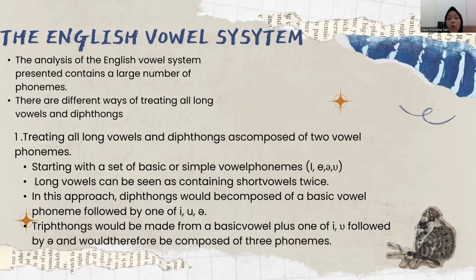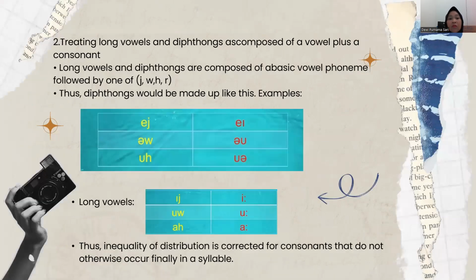Triphthongs would be made from a basic vowel plus one of e, u followed by e, and would therefore be composed of three phonemes. Okay. So, treating long vowels and diphthongs as composed of a vowel plus a consonant: these long vowels and diphthongs are composed of a basic vowel phoneme followed by one of y, w, h, and r.